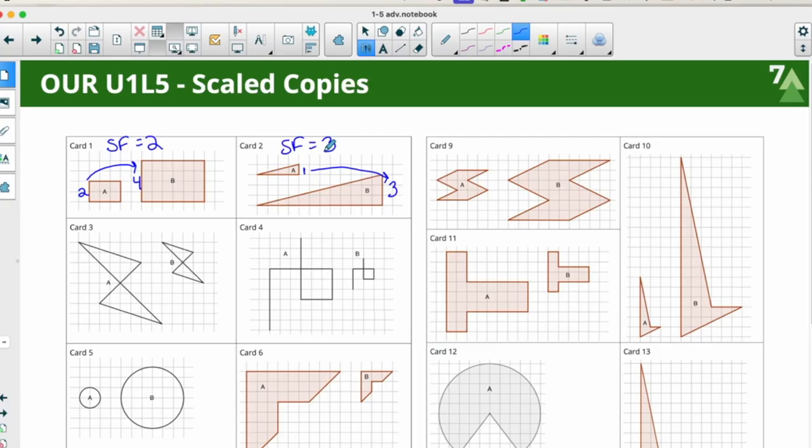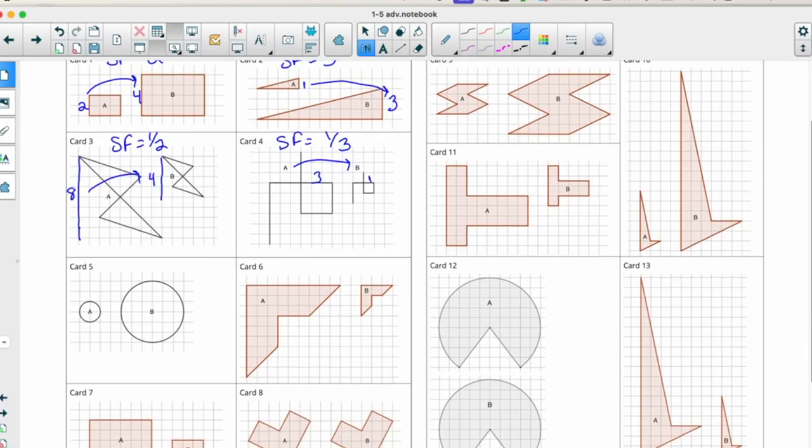Card 3, we had to use distances since none of the lines were horizontal or vertical. So I chose this distance, which is 8, and its corresponding distance is 4. So to go from 8 to 4, we're multiplying by 1/2. Card 4, this distance is 3, this is 1. So to go from A to B, our scale factor is 1/3. Card 5, I looked at the distance across the circles.